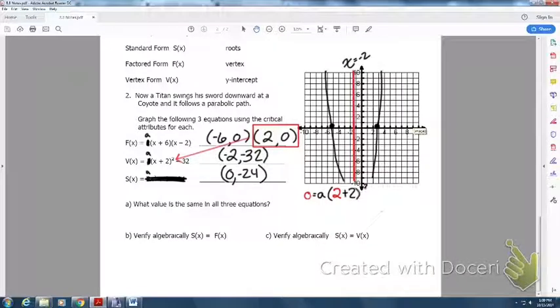plus 2 squared minus 32. And then I'm going to solve for a. What is 2 plus 2? 4.